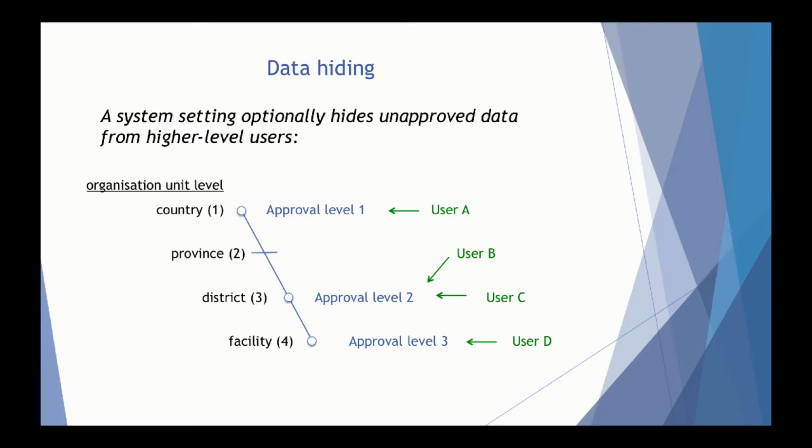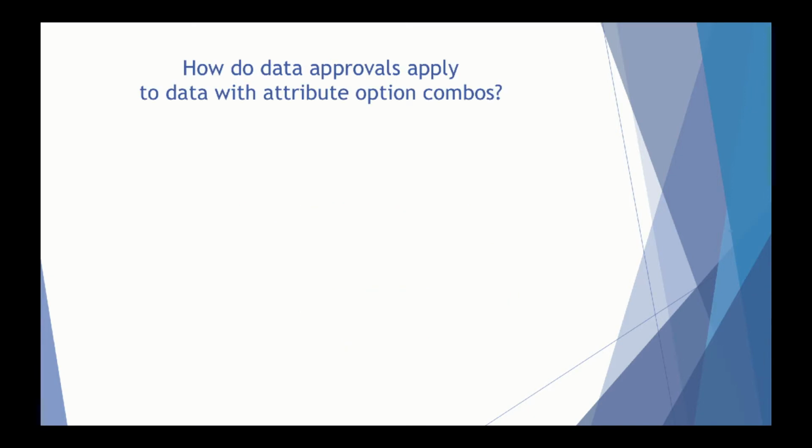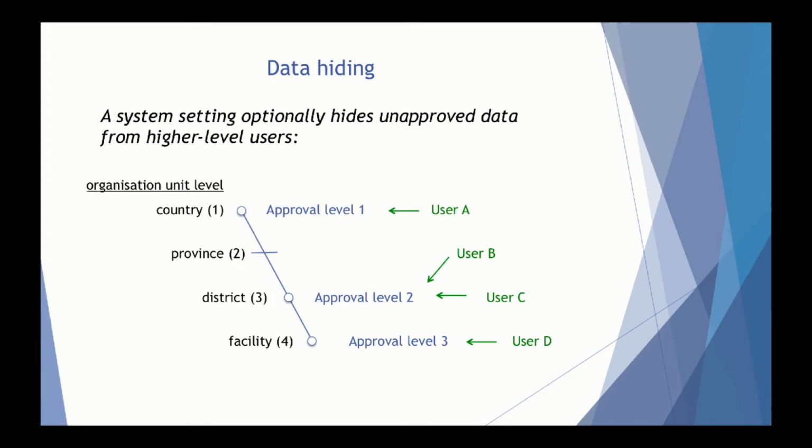So that's the C unapproved data. Yes, C unapproved data. And if you don't do the data hiding system setting, then that authority is meaningless. Because you can also decide as a system setting whether you want to hide unapproved data from the higher levels at all, ever.